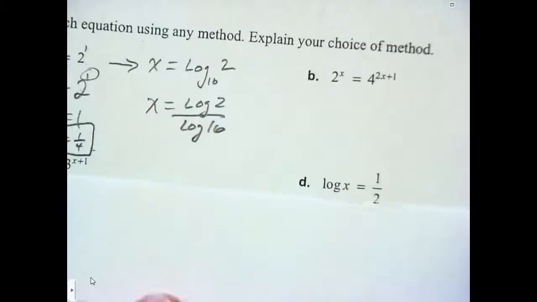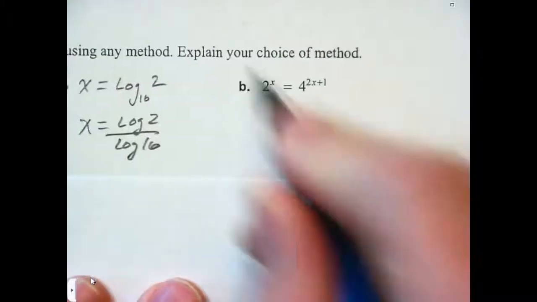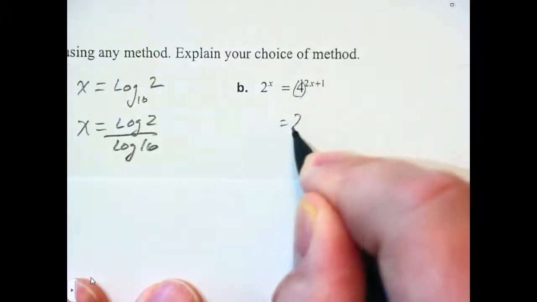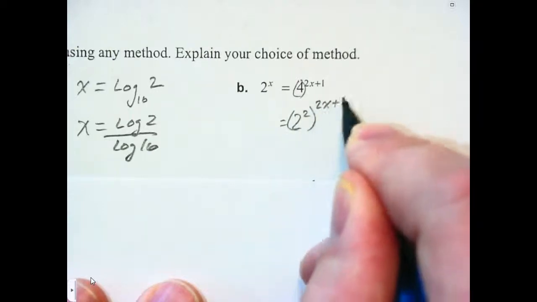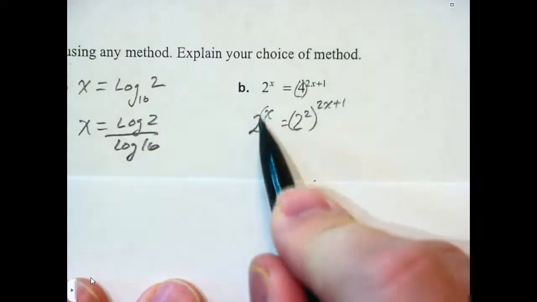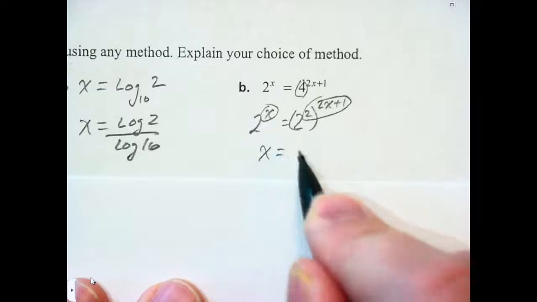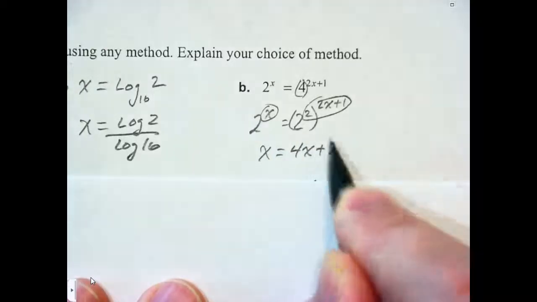All right, letter B. They're both base 2. Okay, so 4 is 2 to the 2nd. And then we have 2x plus 1. And we have 2 to the x. Once again, you have that is equal to that. So x equals 4x plus 2.